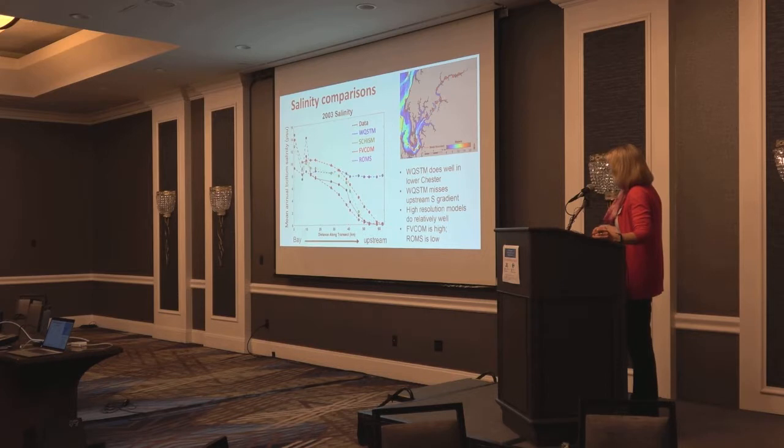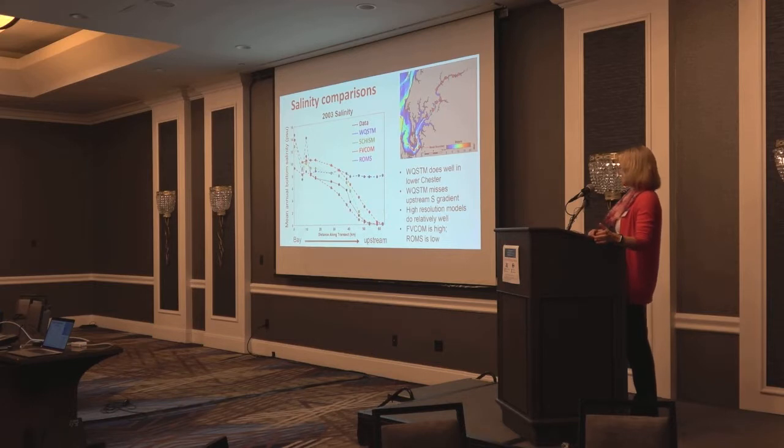So the first thing you can see is this line up here, where the regulatory model basically has the same salinity throughout much of the Chester River, about 6 to 8 parts per thousand, all the way upstream. This is in direct contrast to all the other models, which show this dramatic salinity gradient, which agree with the data shown here in black.